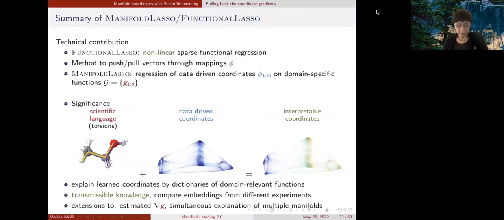I want to also stress that the functions in the dictionary are naturally functionally independent.